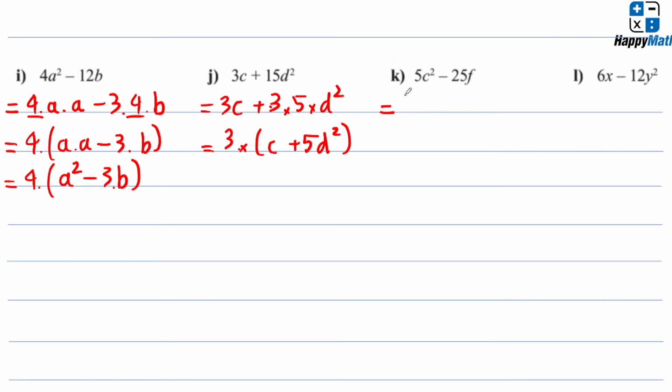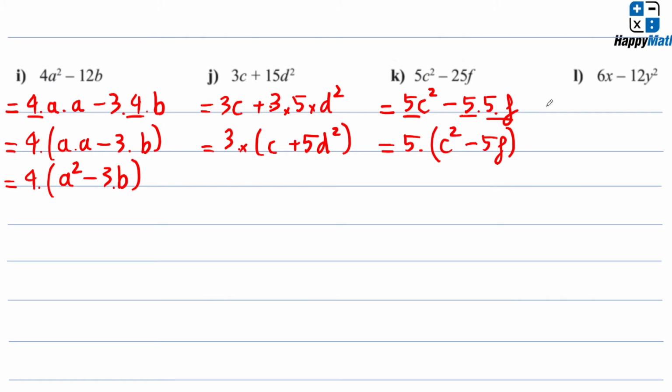Next is 5c squared. Another one is 25f, which is 5 multiplied by 5 multiplied by f. Take 5 outside. Inside the bracket, the first term, you have c squared left. The second one is 5f left, because only one 5 is common, the other 5 is not common.